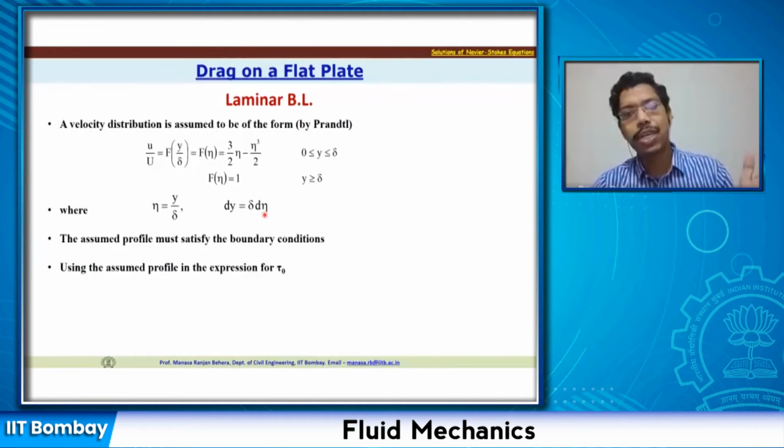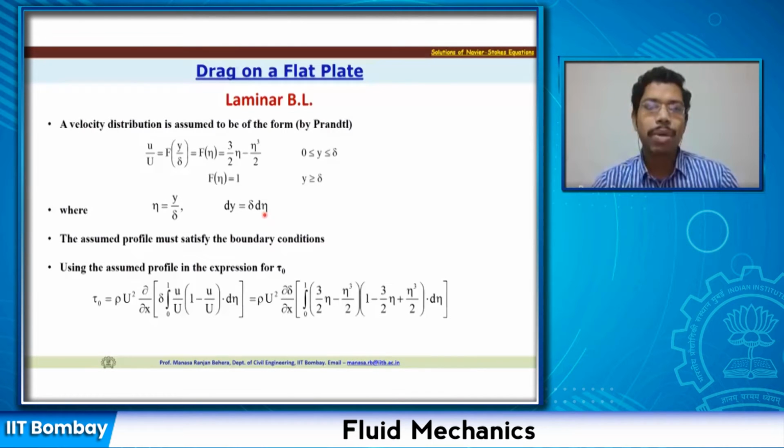In the previous slide you have seen the shear stress we have written based on the linear momentum principle, but now we will be able to write tau 0 is equal to rho U square dou by dou x of delta. Basically we are substituting the value of u in this expression, and dy is being substituted as delta d eta. So by substituting all this we could write down this expression, and then just rephrasing that, we substituted the value of small u as and when required, and then taken the capital U out.